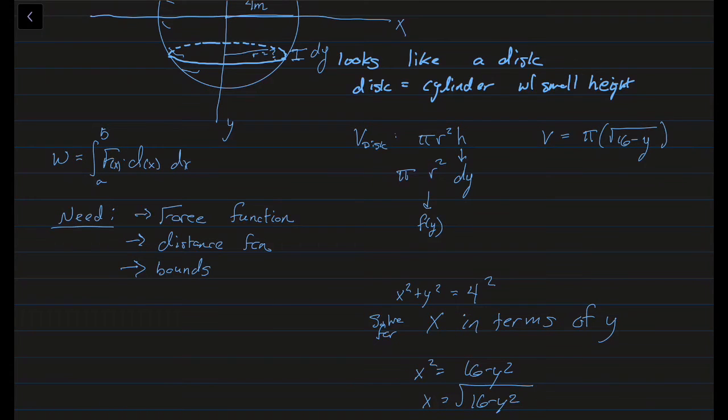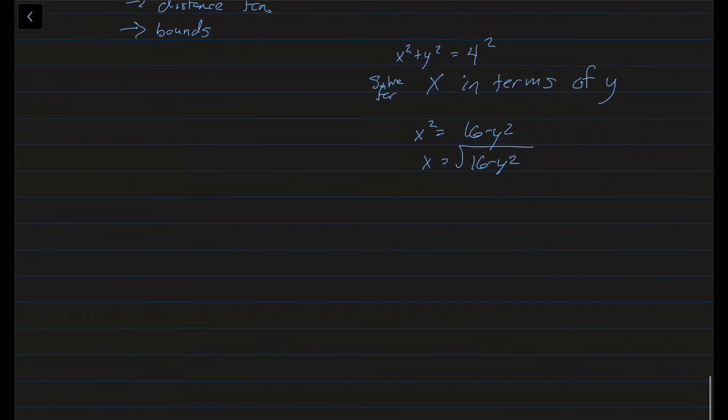Because we're dealing with a very symmetric case, it doesn't change our function all that much. So let's write down the volume here. The volume is pi times r squared, so pi times 16 minus y squared dy.